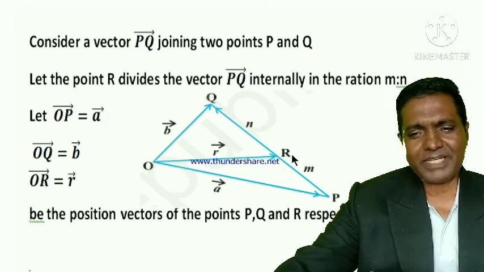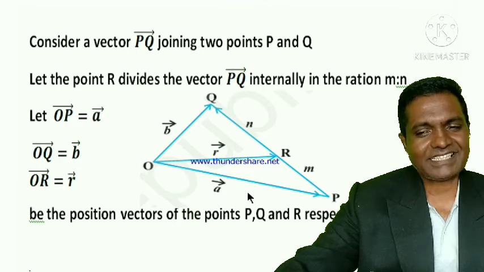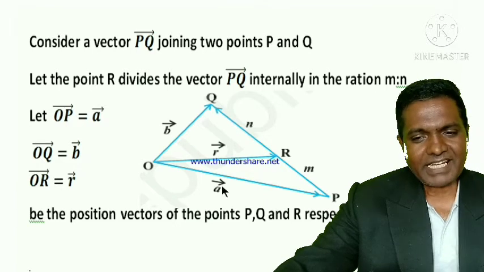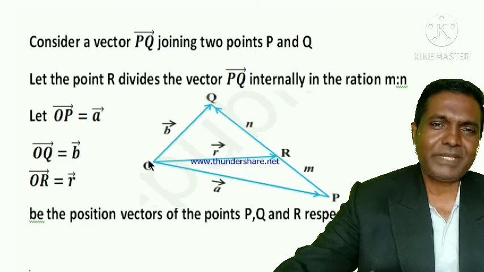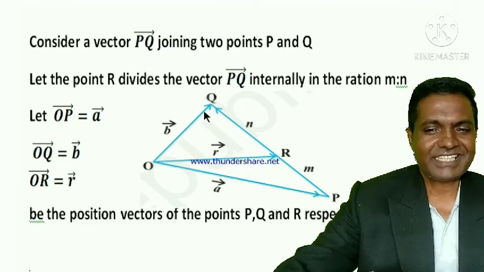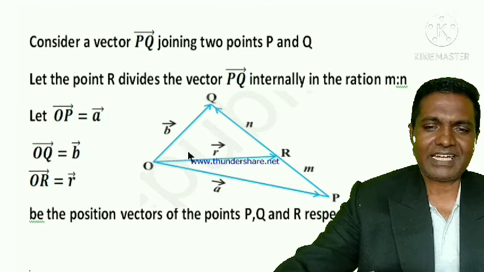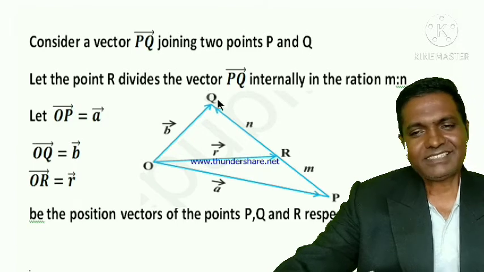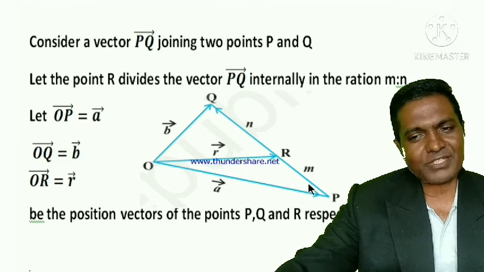So let's begin. Consider that vector A is the position vector of the point P and vector B is the position vector of the point Q. Consider a vector PQ joining 2 points P and Q, and let R be the point that divides the vector PQ internally in the ratio m is to n.